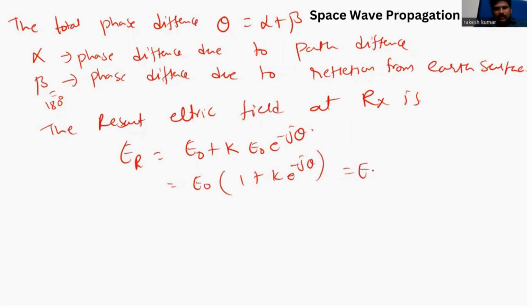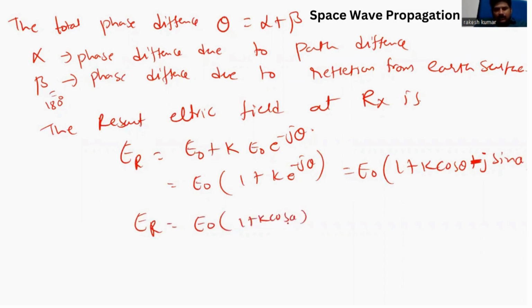So it is E naught into 1 plus K cos theta minus Kj sin theta.